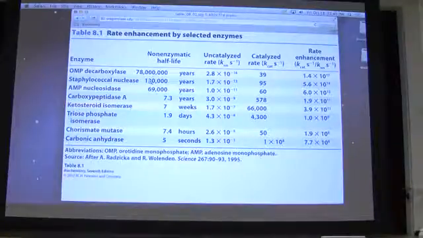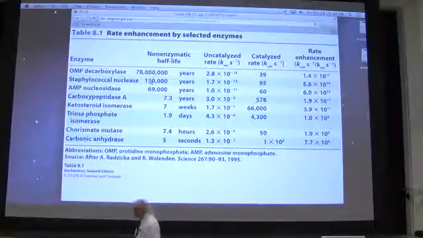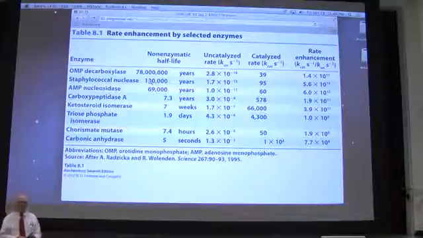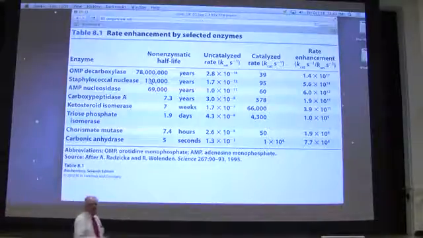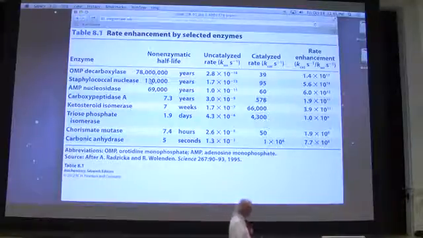The units on kcat are per second. What it translates to is molecules of product per molecule of enzyme per second. So something that has a kcat of 1 million means that each molecule of enzyme is catalyzing the formation of 1 million molecules of product per second.